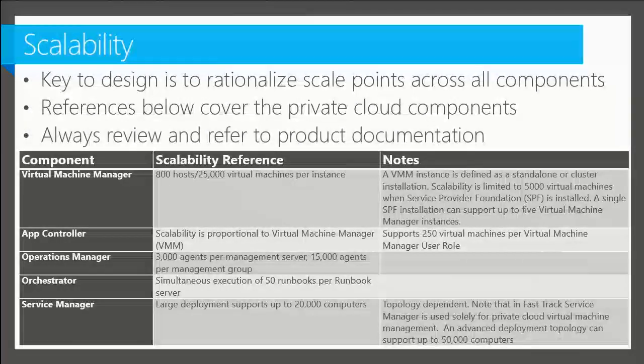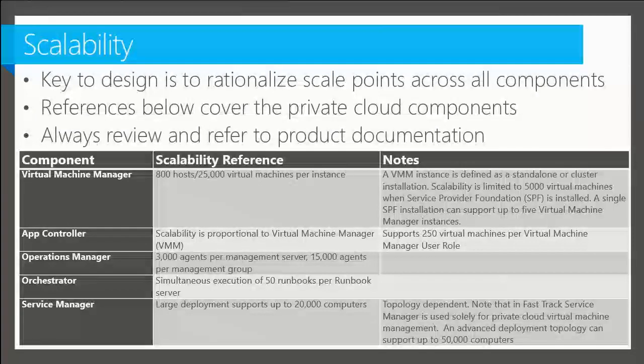However, in the SPF scenario, you can have multiple stamps of VMM servers, so it doesn't mean it's limited to just that number. It just means you'd have additional VMM virtual machines in that topology. If you're not familiar with SPF, you can go watch a session on it online or maybe this week. It's a tier that sits on top of System Center and can talk to multiple VMM instances, so that's a different architecture.